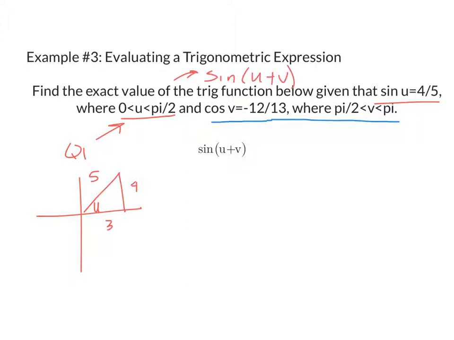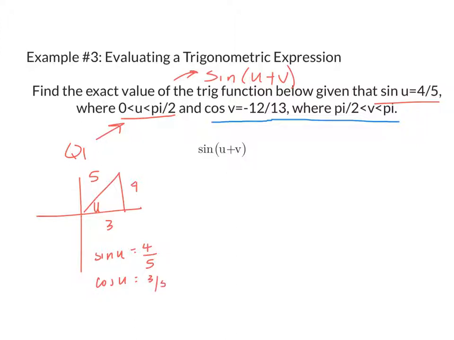Okay, so in this first one, sine u we know is 4/5. That was told to us. And then cosine u would be 3/5. You'll see why we need this in just a moment.